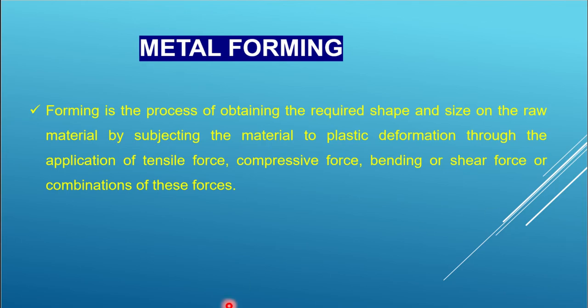In machining, material will be removed, but in metal forming we are not removing any material, rather we are shaping the material by means of some forces. So that is the metal forming process, and we are actually not removing any material.